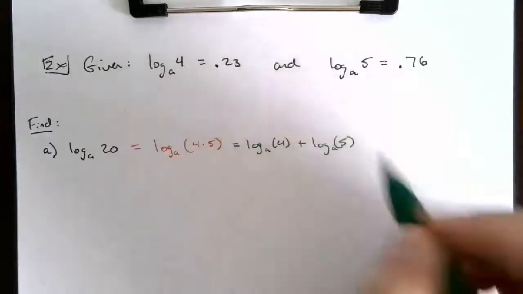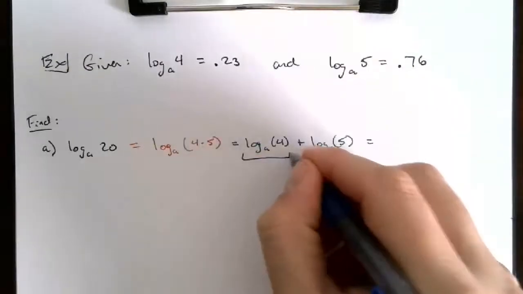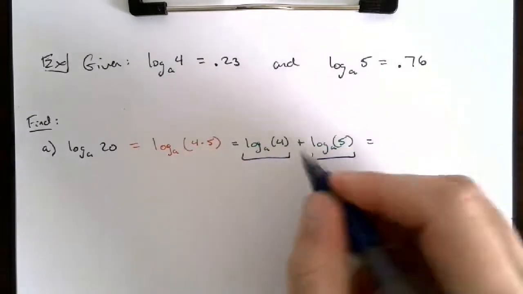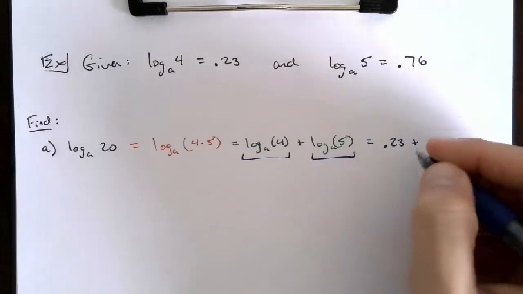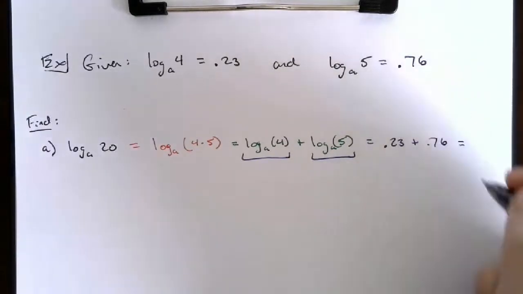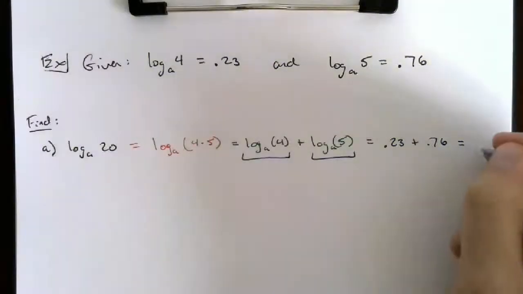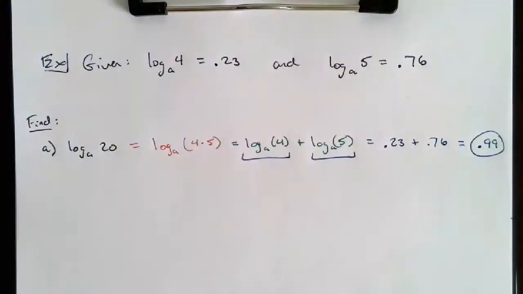They mean the same thing. But then once you're here, now I can substitute in. I know what log base A of 4 is, and I know what log base A of 5 is, right? So log base A of 4 would be 0.23 plus log base A of 5 is plus 0.76. And then if you add those together, you'll get 0.99. So log base A of 20 would be 0.99 based off of what they were given to us.